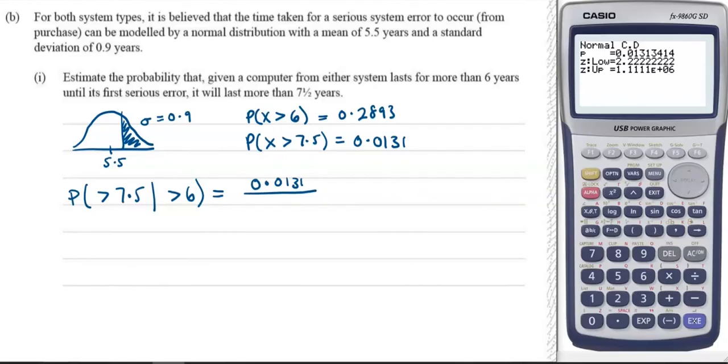Then divide it by the chance of the condition that we've applied. The condition is the bit that we have been told is a given, so that's the more than 6, so that's 0.2893. That comes to 0.0453.